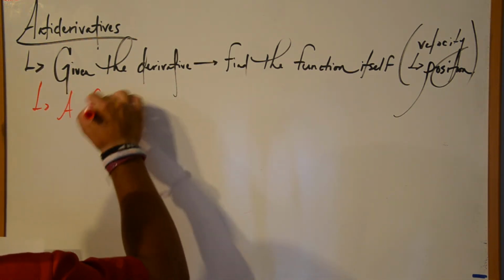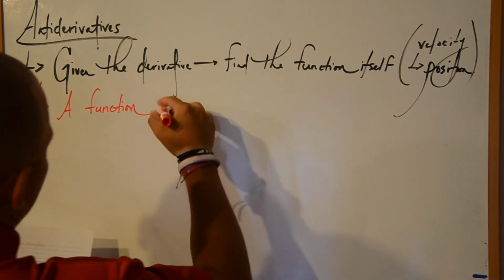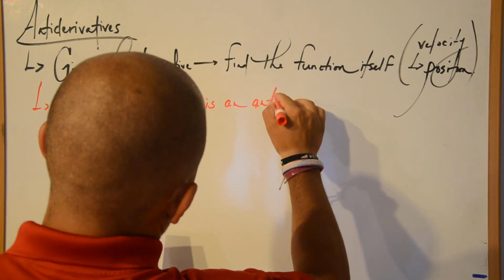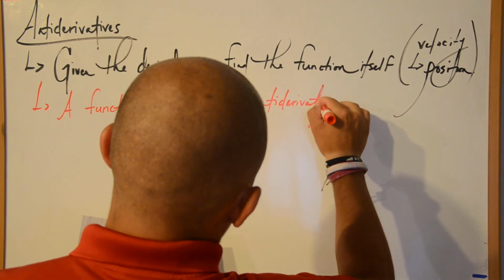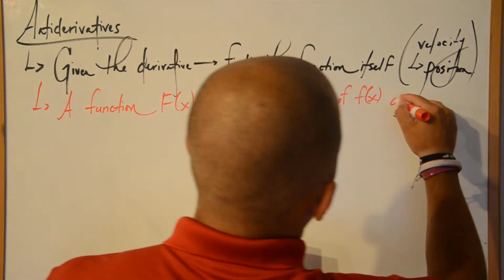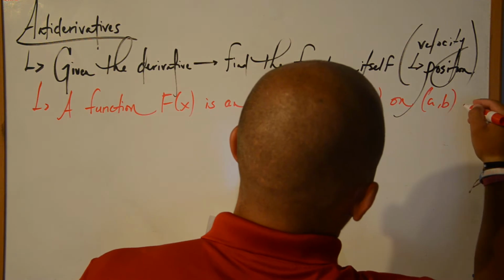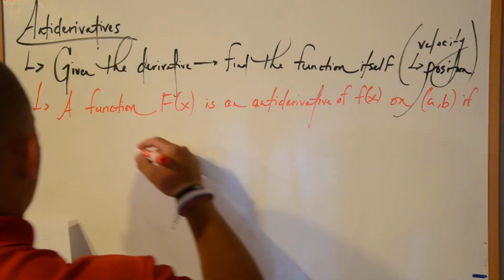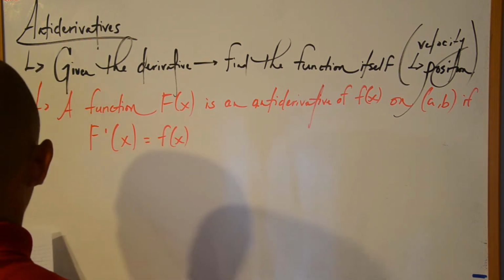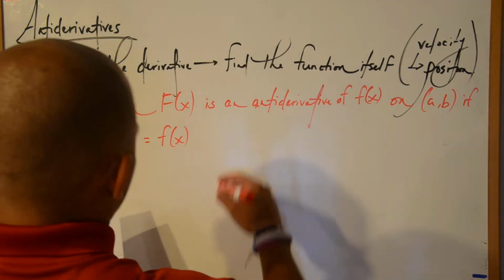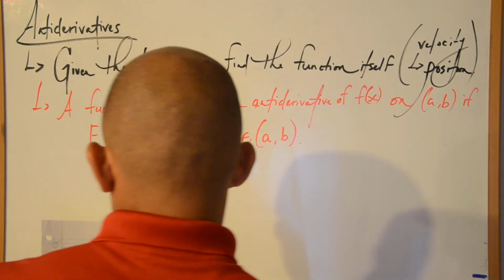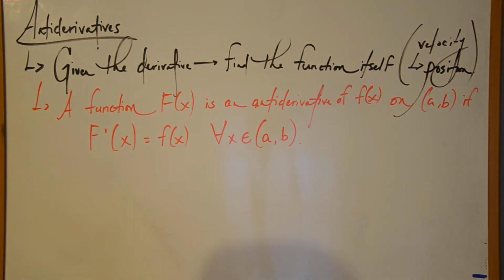We say that a function, capital F of x, is an antiderivative of f of x, lowercase f of x, on (a, b) if we take the derivative of capital F of x and we get back lowercase f of x for all x inside of the (a, b) open set.